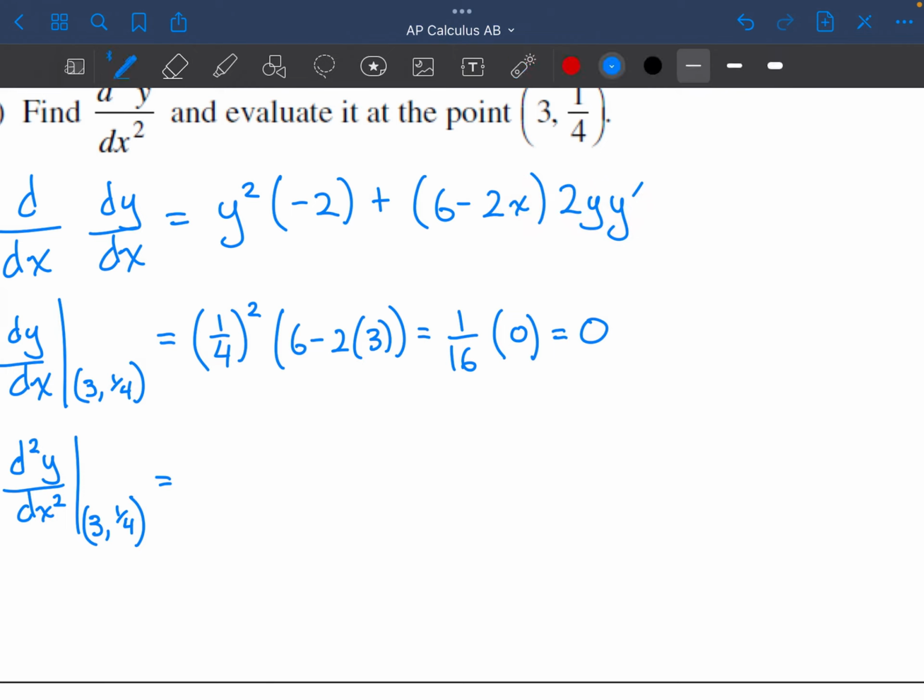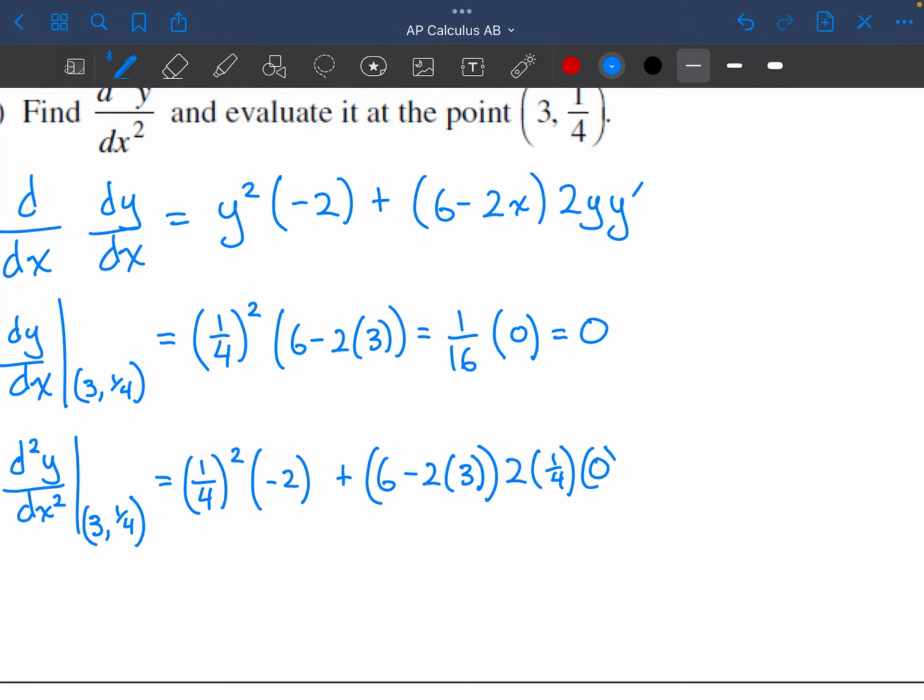So y is going to be 1/4. So I have 1/4, again, quantity squared times negative 2, plus this quantity of 6 minus 2 times x, where x is 3. And that's going to be times 2 times y, which is 1/4, times y prime. Oh, and this is the 0. Yes, because that was the one that we got from the previous step.